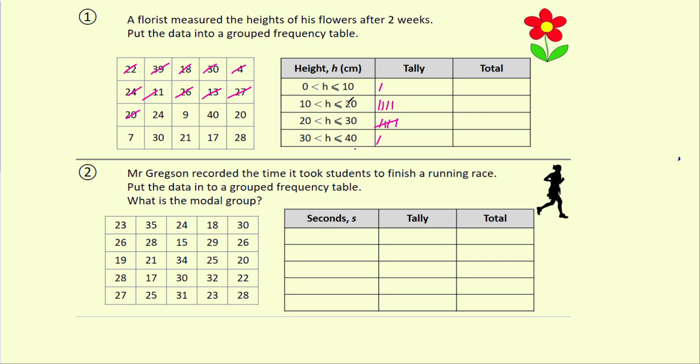Once again, it's got to be in the less than or equal to 20. There you go. And your total is sometimes called the frequency at the end there. We would have 3, 6, 9, 2.